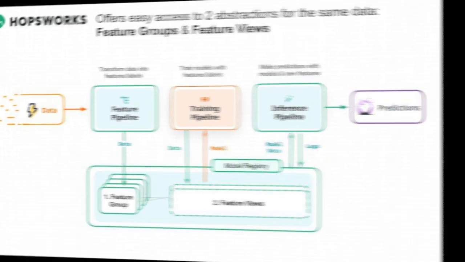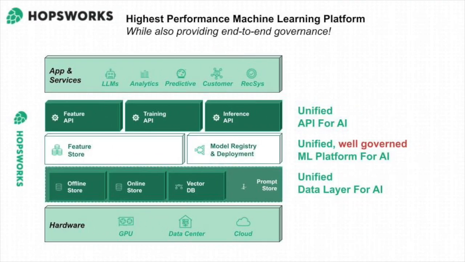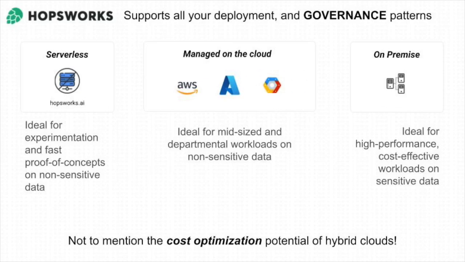And while we do that, we will also make sure that you will have one unified, well-governed platform for all of your AI requirements. And in order to provide you with the most stringent governance requirements, we will offer you the flexibility to deploy wherever you need it to be deployed, both as a serverless endpoint or in your own cloud environment or in your own on-prem data center.